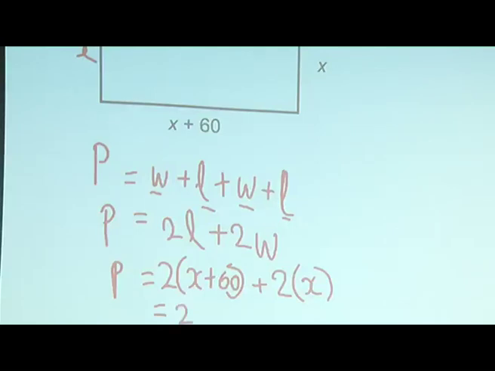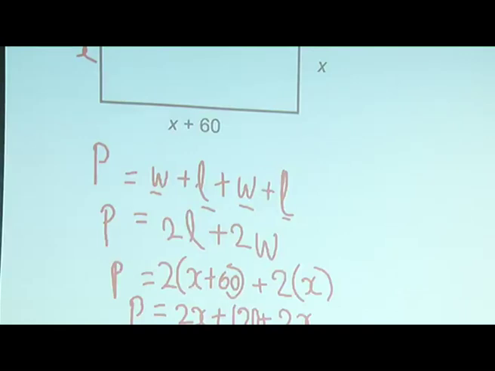So this is going to be 2x, and then 2 times 60, which is going to give us 120, and then 2 times x will be 2x. This is 2x plus 120, not 12 there. That is 120, and then plus 2x.